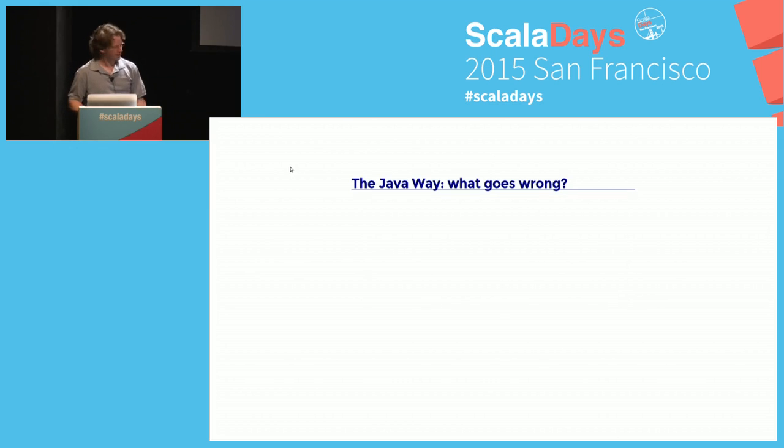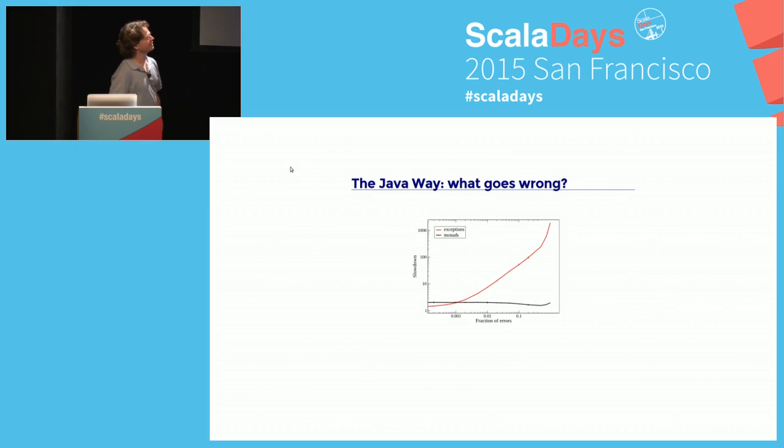So what goes wrong also is I'm going to show these graphs a number of times. So on this axis, you'll see the fraction of your data which actually has an error in it. And on this axis, you'll see the slowdown in your program from having to deal with processing those errors. Okay, so ideally, you want to be around 1.